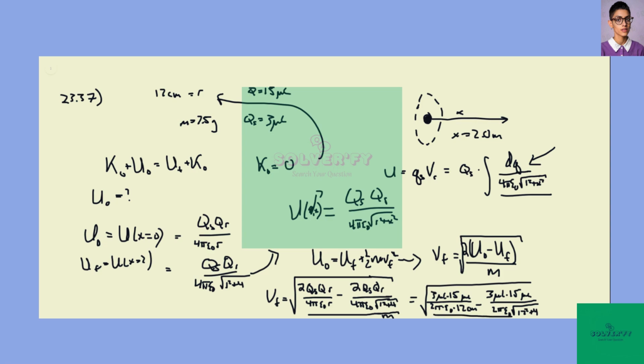And this is all divided by 7.5 grams. Cool. That's a lot of stuff in your calculator, but if we plug it all in, this comes out to being roughly 29 meters per second. Awesome.